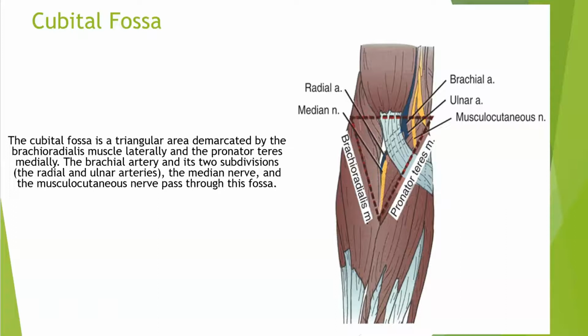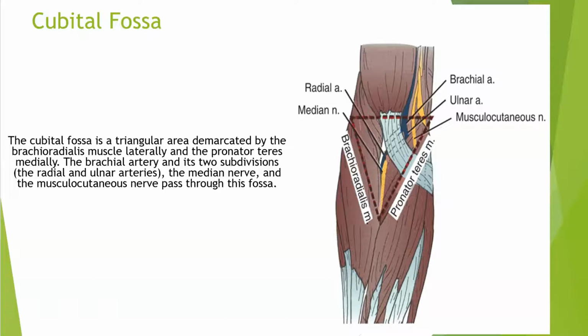In there, what's important is all of the nerves and arteries. There's the radial artery, brachial artery, and ulnar artery, as well as the median and musculocutaneous nerves. So you can understand how if there was a dislocation or a fracture right there, we would want to make sure that we're reducing it properly and not pinching or hindering any of the nerves or artery.